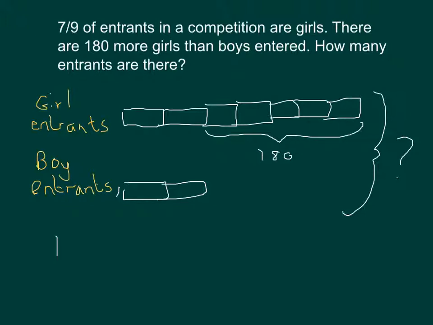If we divide 180 by 5, you'll see that it boils down to 36. So each block in here is worth 36. And all the blocks being equal in size must also be worth 36.